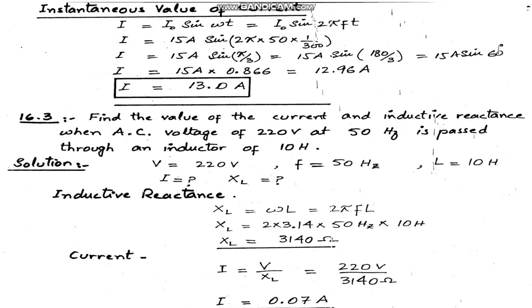So I is equal to 15 ampere because I naught value is given in the question, sine 2 pi f, that is frequency, that is also given in the question, and time is also given in the question. So after multiplying and simplifying the value, we get the I value, that is 13.0 ampere.